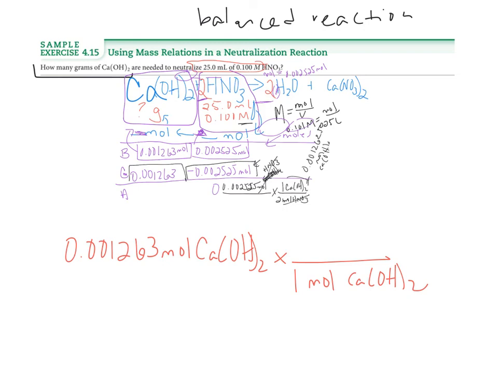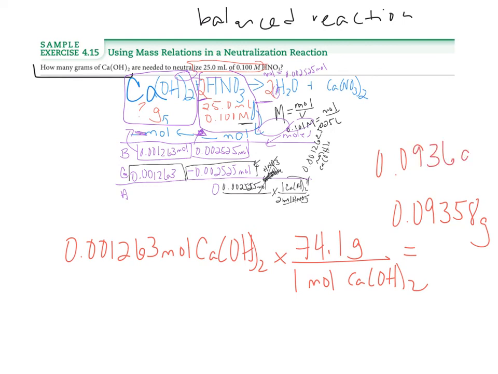You can pause the video and find it, or you can just have me tell you it's 74.1 grams. I'm going to multiply, and I find that that equals 0.09358 grams. I'm going to round that to 3 significant figures, 0.0936 grams of calcium hydroxide.